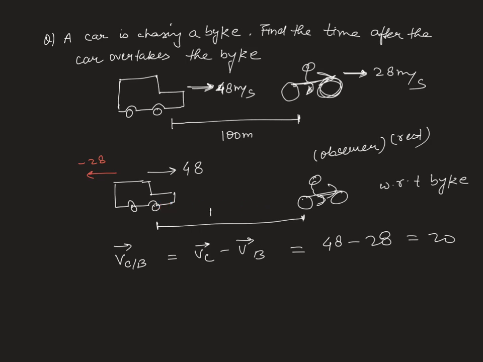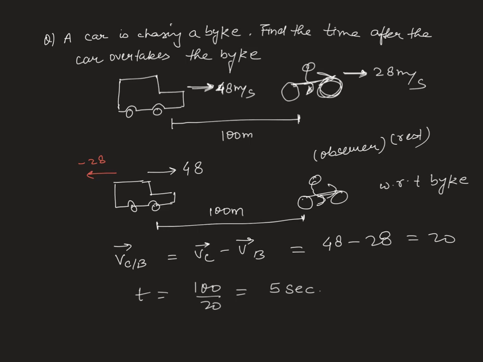The person who is on the bike is thinking that he is at rest, so the car has to cover 100 meters to catch the bike. So the time taken is simply distance by speed, that is 100 divided by 20, and that becomes equal to 5 seconds.